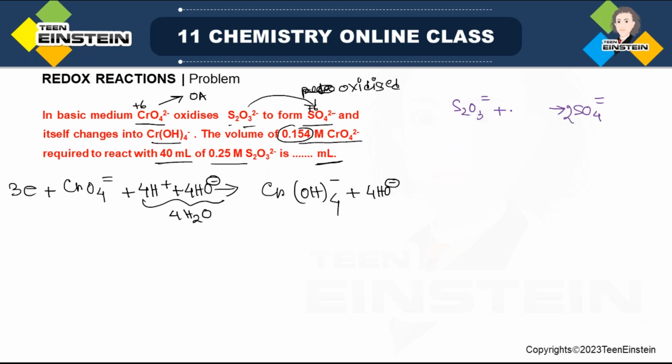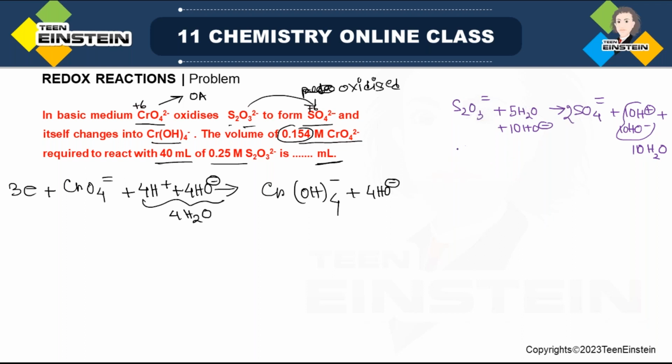So that is why I have to balance the oxygen on both sides, so I have to write 5H2O. But as I have added 5H2O, I have to write 10H+. It is basic medium, so I also have to write 10OH- on both sides. Now from this part, you will get 10 water molecules.